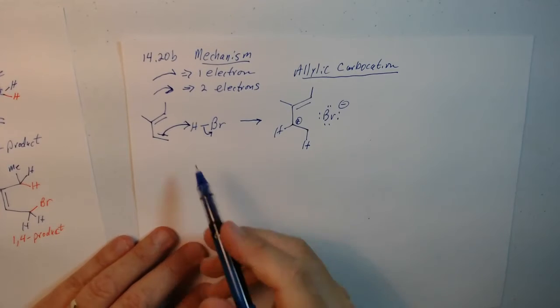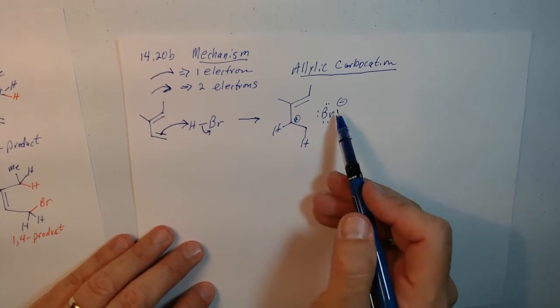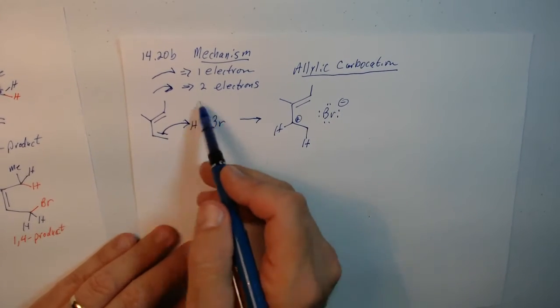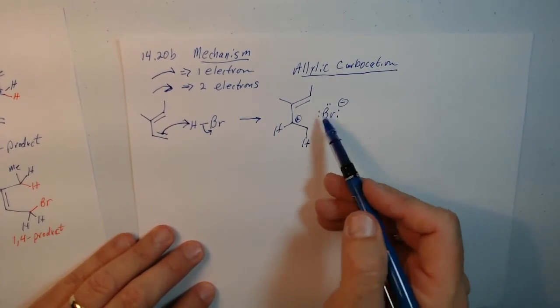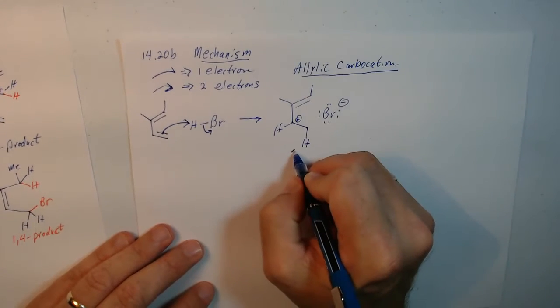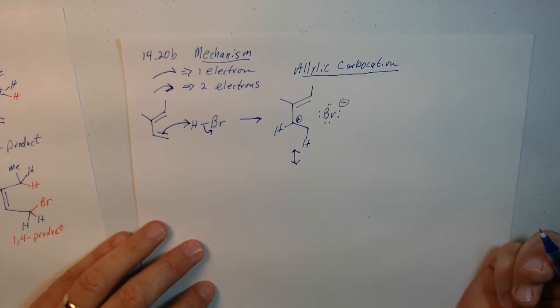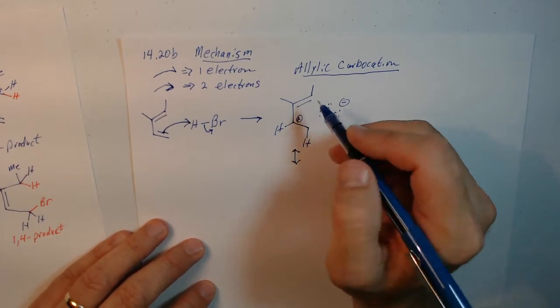So notice I went from 2 neutral species. I did make a charged species, but my charges still balance. This was net neutral. This is net neutral. Plus and minus cancel. Okay, now key here is our recognition of resonance.